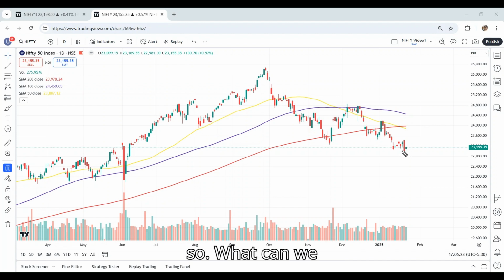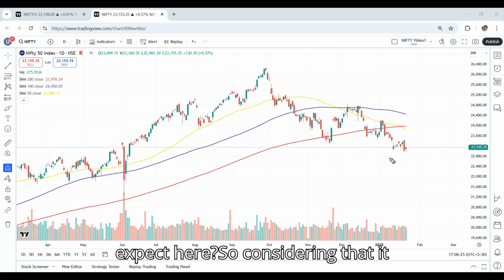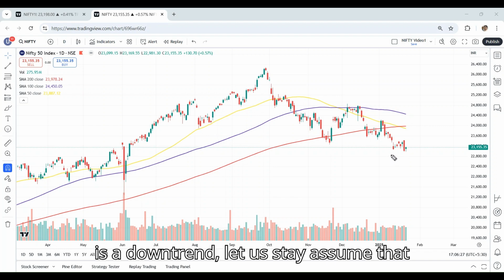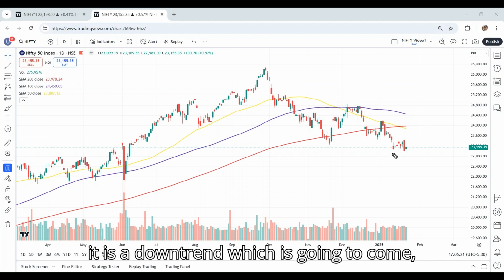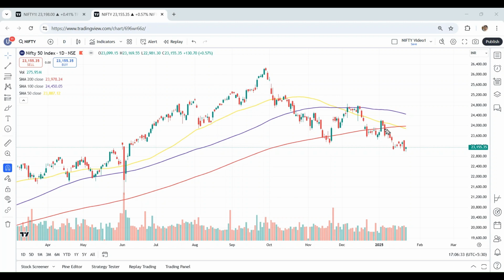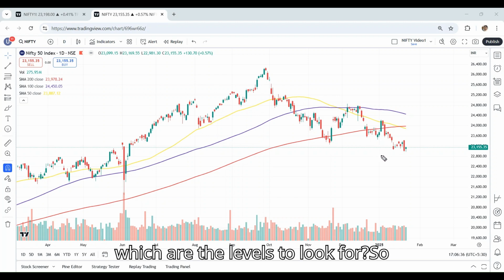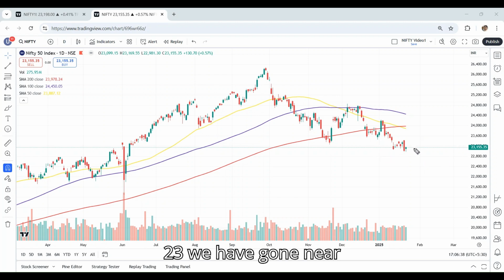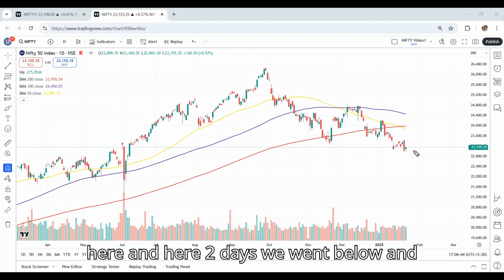So what can we expect here? Considering that it's a downtrend, let us assume that a downtrend is going to come. Which are the levels to look for? We have gone below 23,000 two times, here and here.